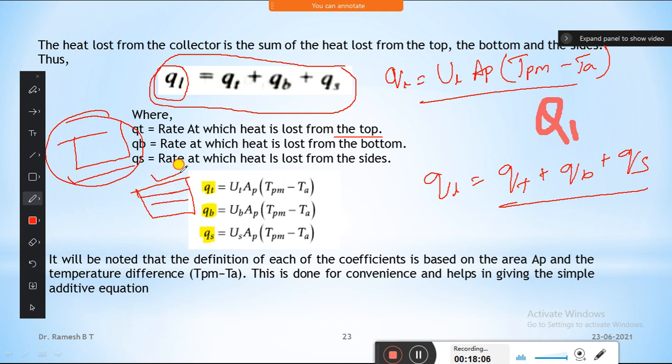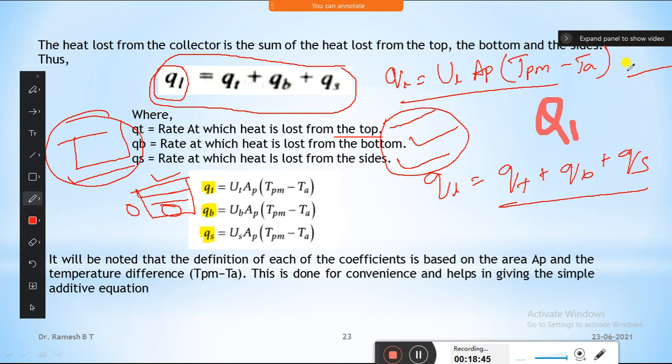Here there is a top heat loss, a bottom heat loss, and a side heat loss, that is, the rate at which heat is lost from the top, from the bottom, and from the side. Collectively we write the total heat loss as QL equal to QT plus QB plus QS, and QL can also be written as UL Ap (Tpm minus Ta). We consider this equation for total heat loss.